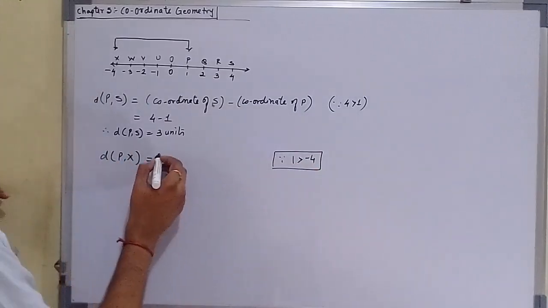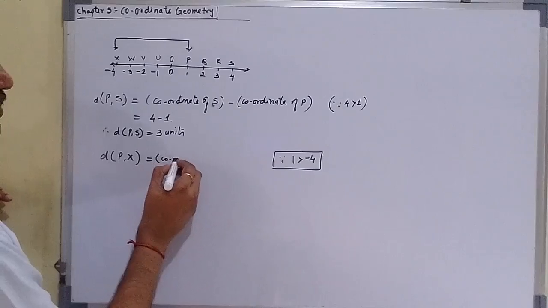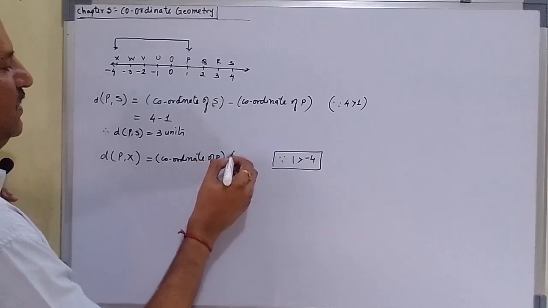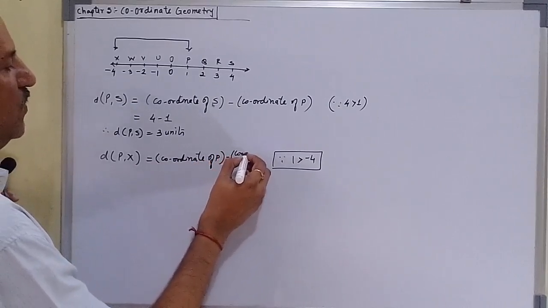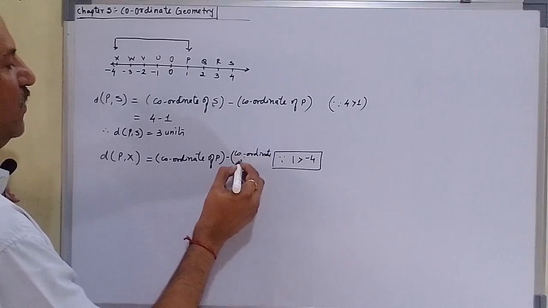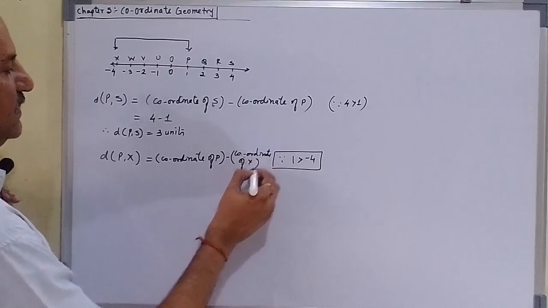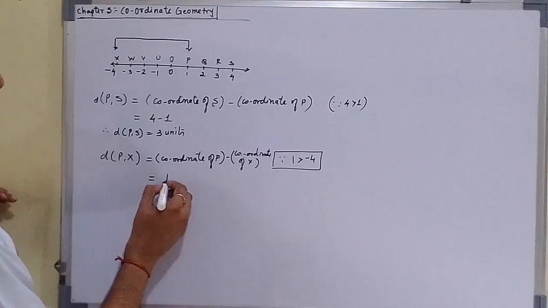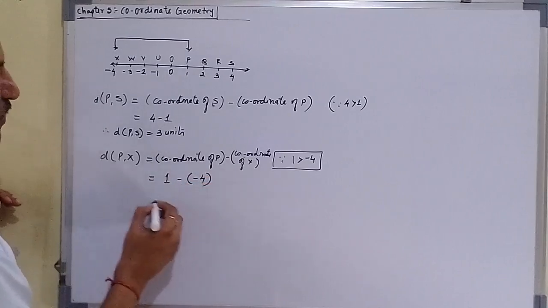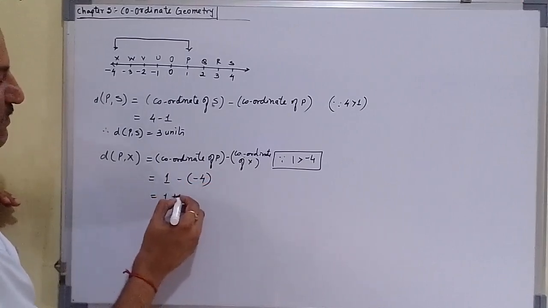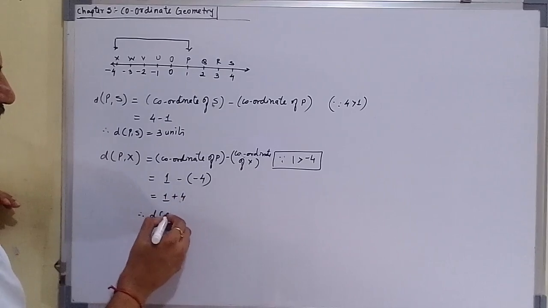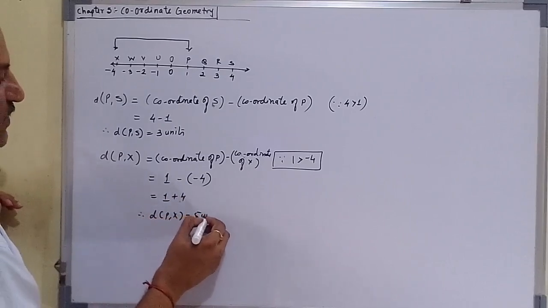Therefore, we do the coordinate of P minus the coordinate of X. The coordinate of P is 1, minus the coordinate of X, which is minus 4. So it is 1 minus minus, which becomes plus 4. So distance PX is 5 units.